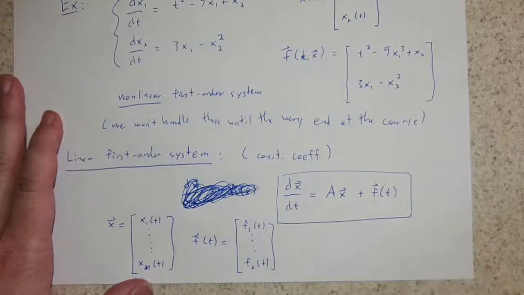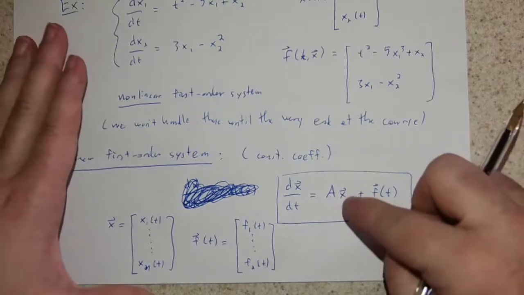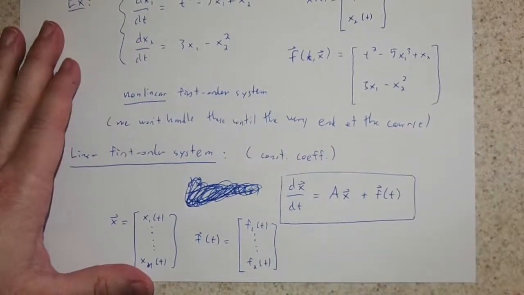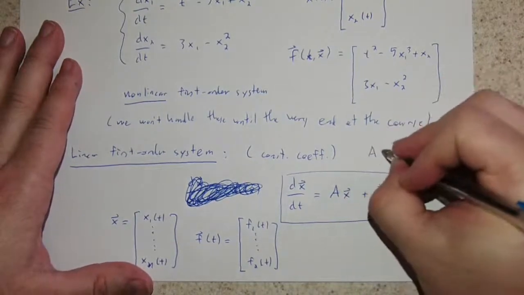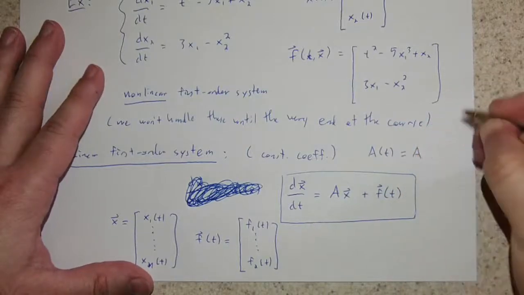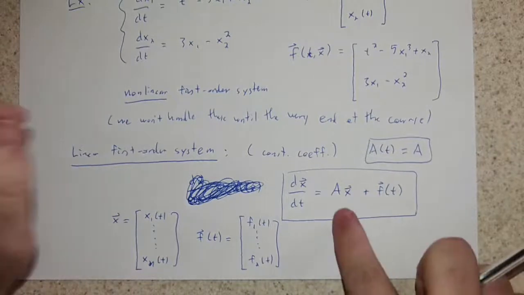And this matrix A is some n by n matrix. In general, if I wasn't dealing with constant coefficients, then this matrix A would actually depend on t. But in the constant coefficient case, it doesn't.